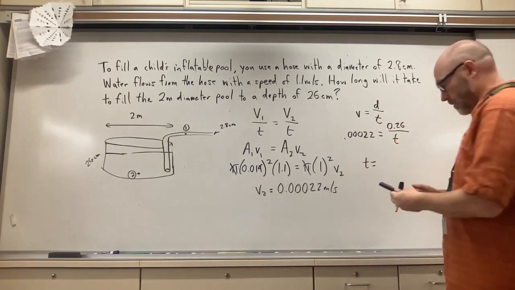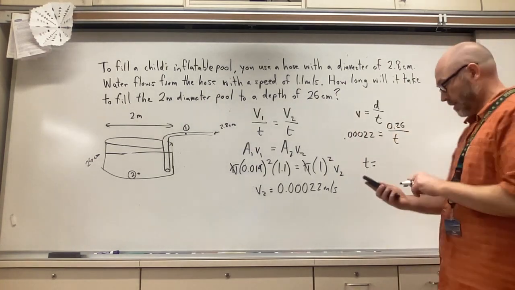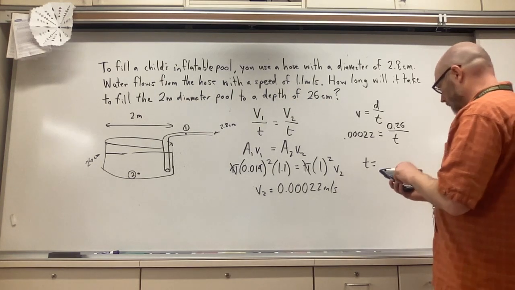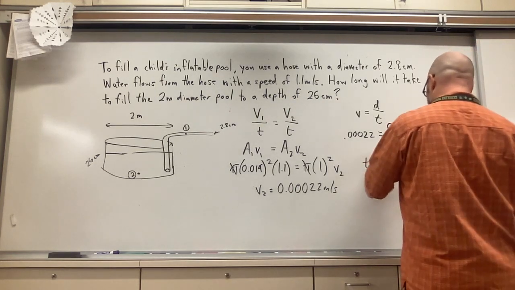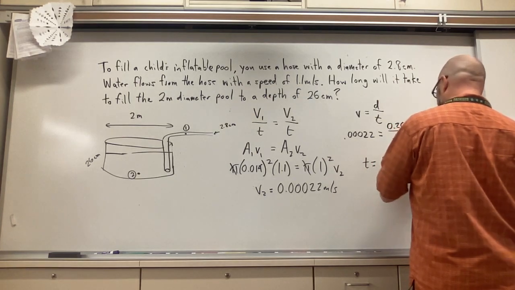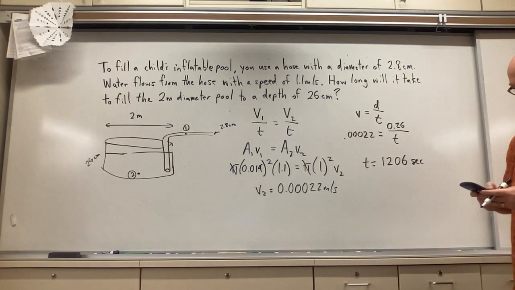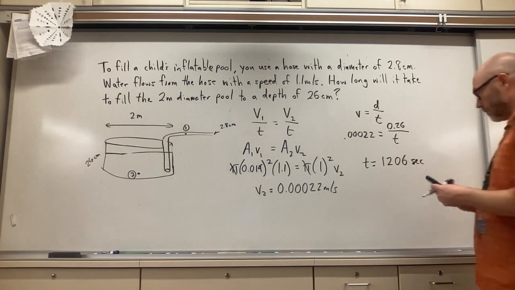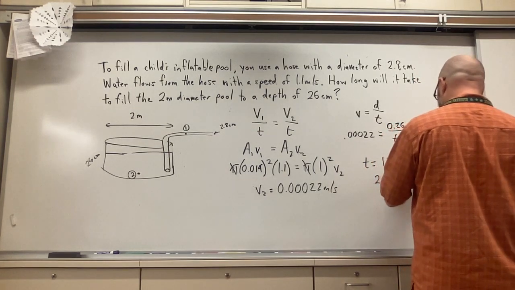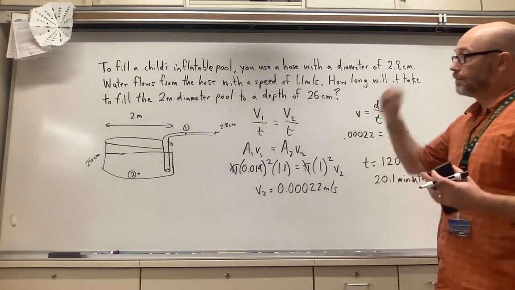I'm not gonna use this number, I'm gonna use what my calculator says. If I go 0.26 divided by the answer, then I get about 1,200 seconds. And if you divide by 60, it would take about 20.1 minutes to fill up your pool.